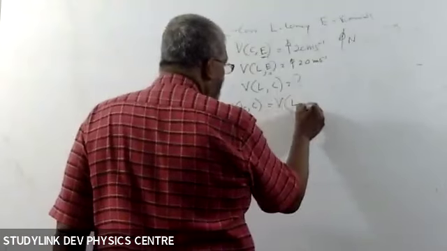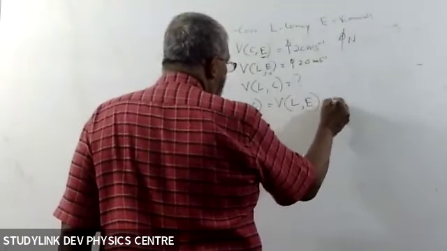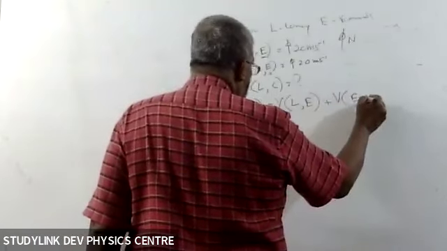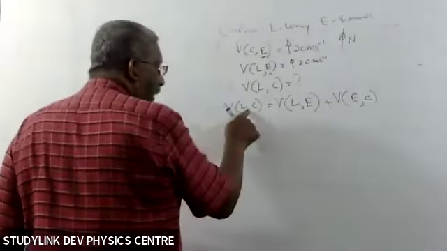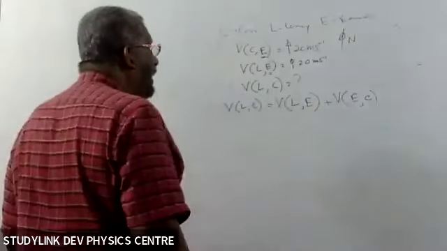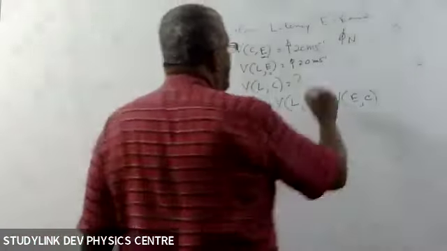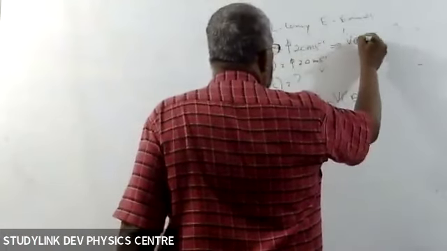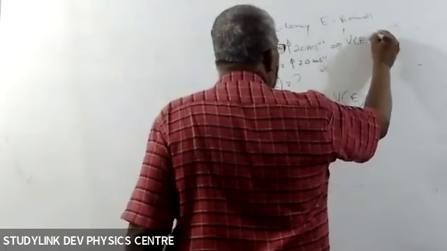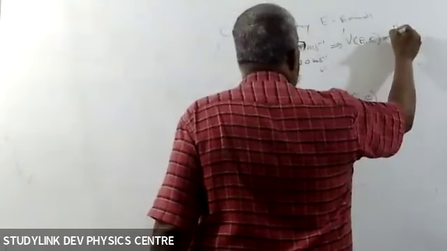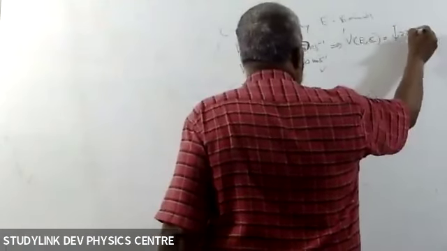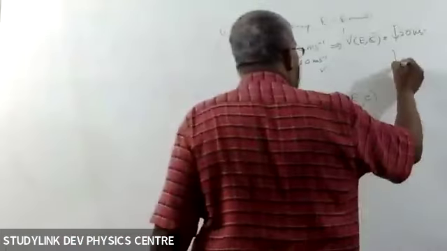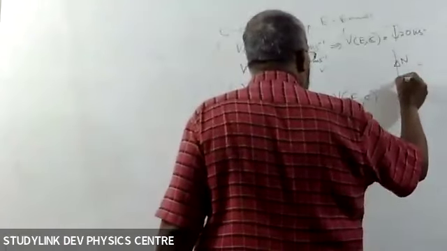V_LC equals V_LE plus V_EC, you start with L and end with C. V_EC is downwards 20 m/s, that is south. This is north, this is south.